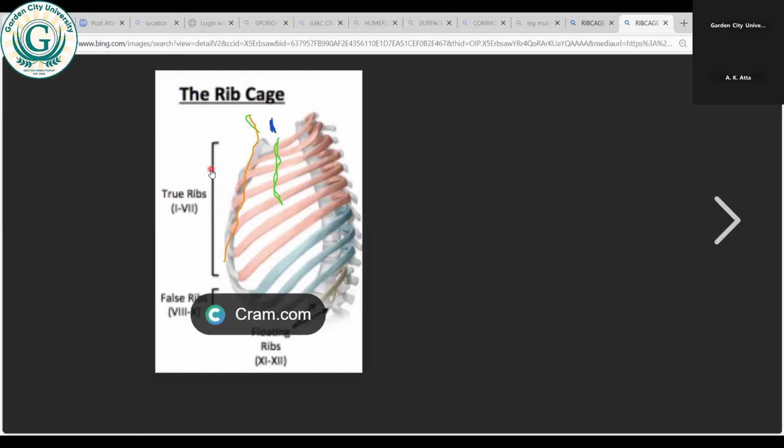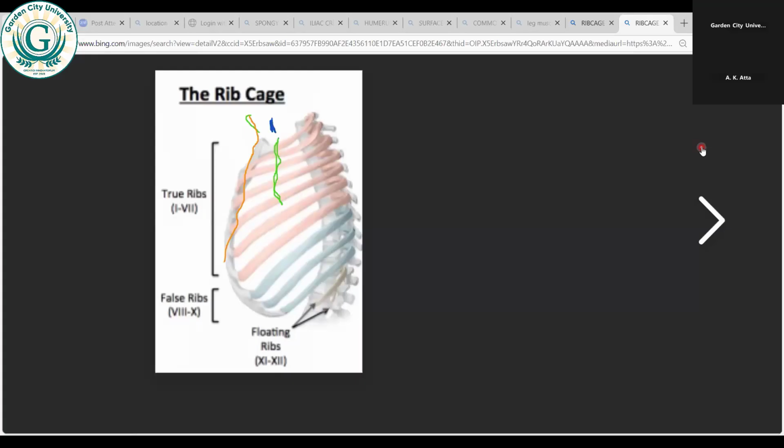It's primary when the cartilage connecting the bones is hyaline cartilage. And it's secondary when the cartilage connecting the bones is fibrocartilage.